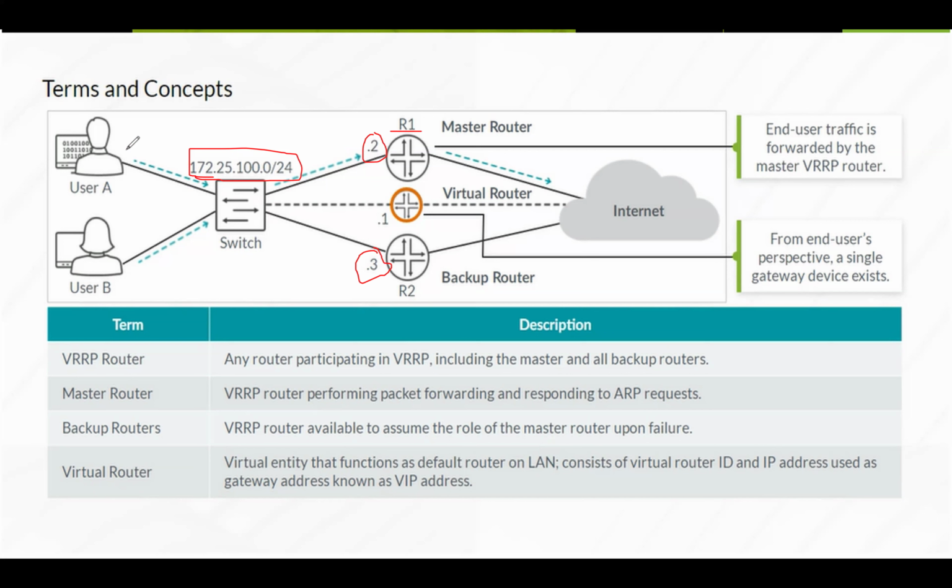So if you configure this PC with gateway IP .2, this user's traffic travels through router 1. If this user uses gateway IP .3, this user's traffic will travel through this router.